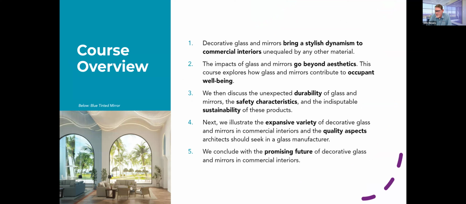We then are going to discuss the unexpected durability of glass and mirrors, safety characteristics, and the indisputable sustainability of these products. Then we will illustrate the expansive variety of decorative glass and mirrors in commercial interiors and the quality aspects architects should seek in a glass manufacturer. And then we're going to conclude with the promising future of decorative glass and mirrors in commercial interiors.